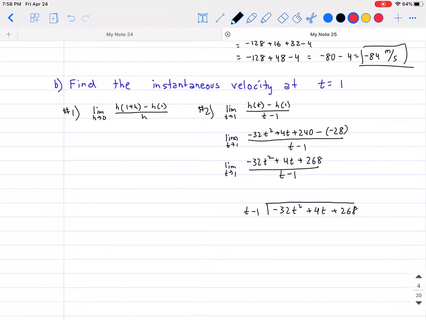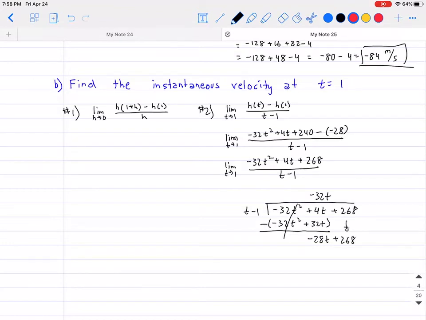And again, you can avoid all of this if you know how to factor the top part, which I don't know how to for the time being, because the numbers are a little bit too big. Okay, so what multiplied by t would get me negative 32t squared? That's negative 32t. So negative 32t squared, and then plus 32t, and then take the whole thing and subtract it. The 32t squares cancel out.